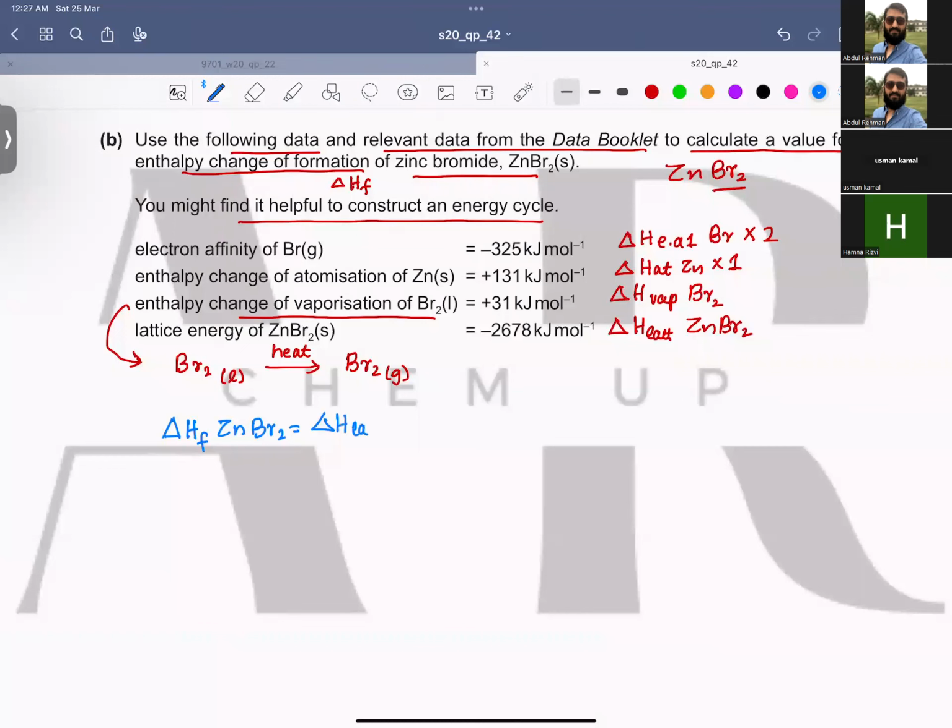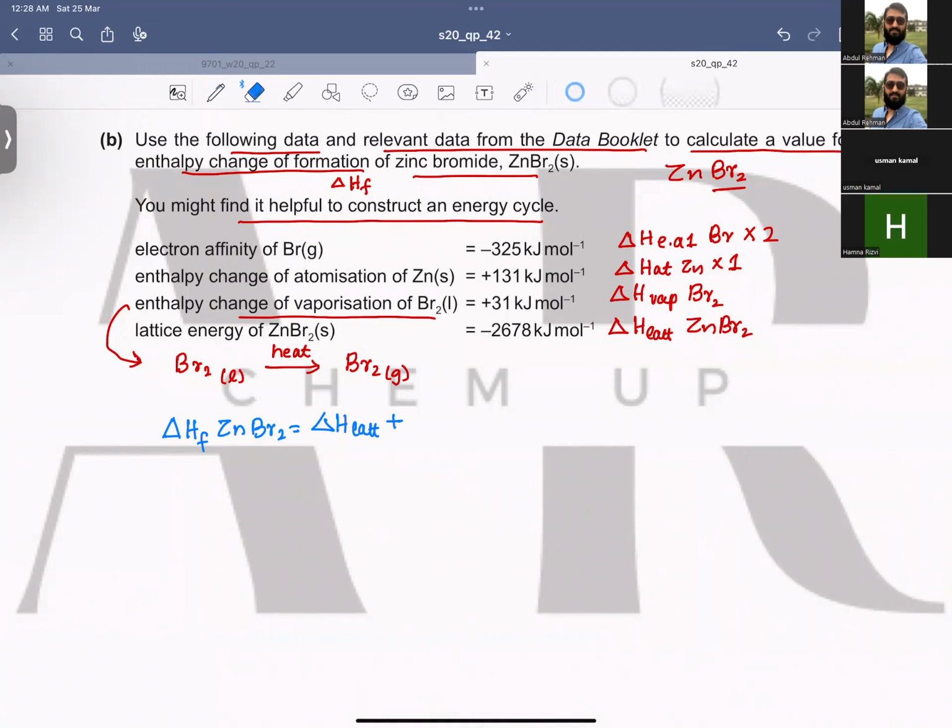Lattice energy plus बाकी आपकी जितनी भी वैल्यूज हैं, जितनी भी हम एंथैल्पी चेंजेस यूज करते हैं वो सब ऐड हो जाते हैं अगर हमें फॉर्मेशन फाइंड करनी हो तो.